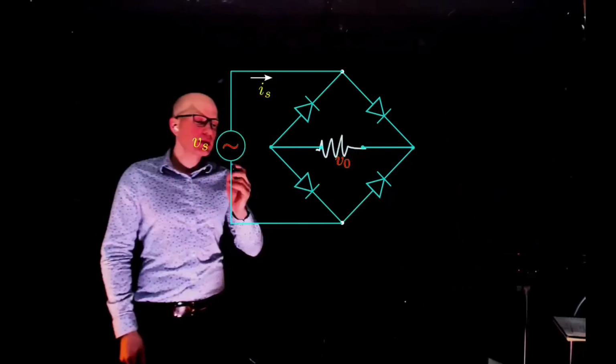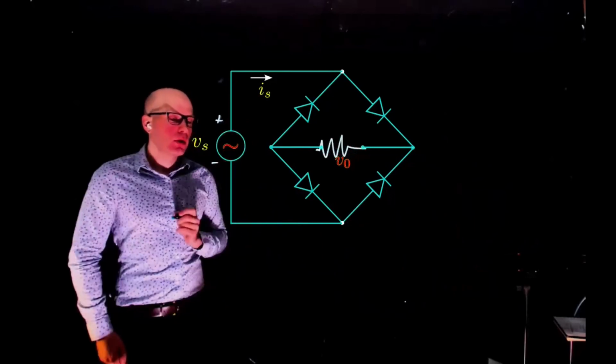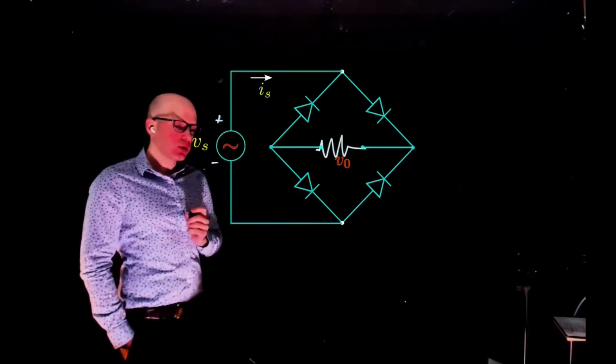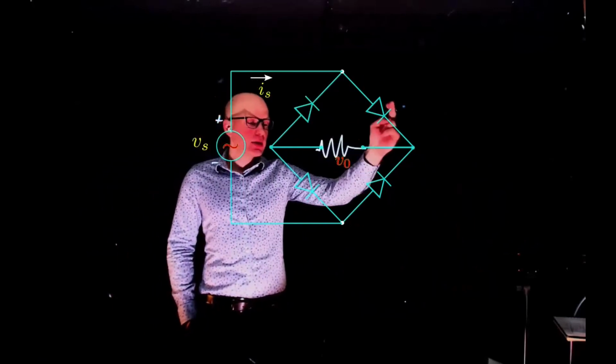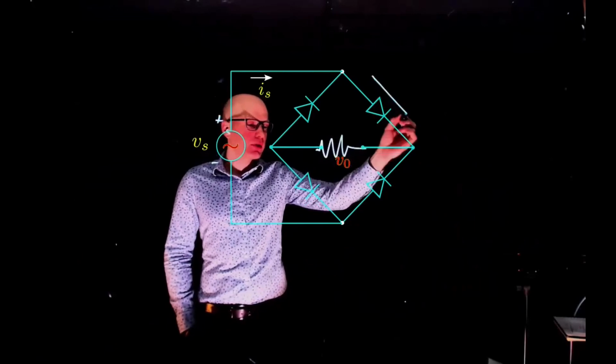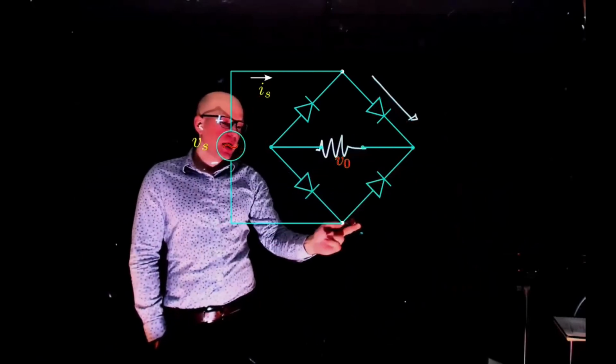So let's start with the positive cycle. When the positive cycle is acting, which diodes can conduct? This diode is forward biased, so current can flow there. This diode is reverse biased, current cannot flow.